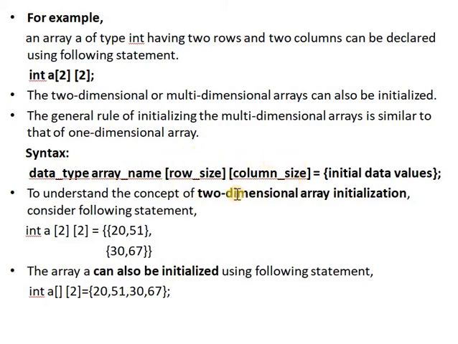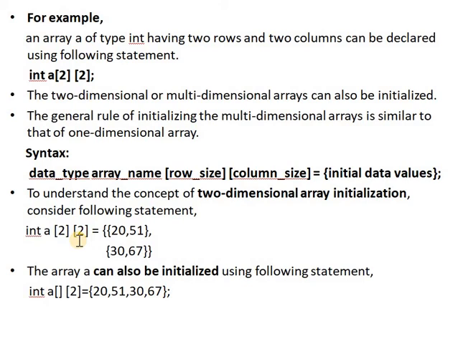And after defining row size and column size, by using the equal to operator, we assign the values to the multi-dimensional array. For example, here array A is a two-dimensional array which has 2 as row value and 2 as column value.